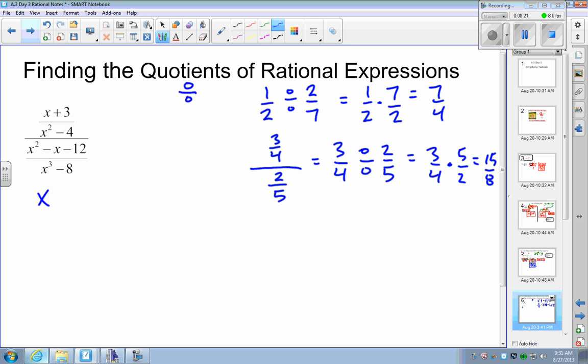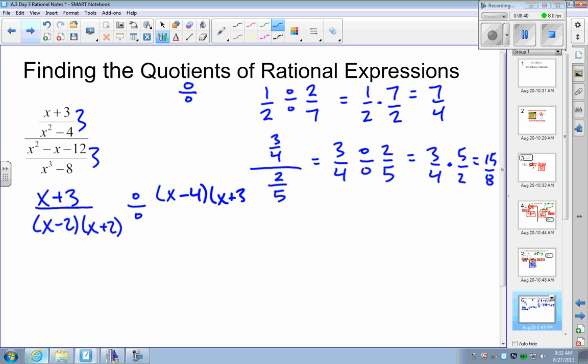So I don't like the way this is written, so I'm going to write it and also factor it as I go through in a more convenient way for me. So I'm going to take this piece and divide it by this piece. Okay, we see another difference of cubes down here. So we're getting better with those.